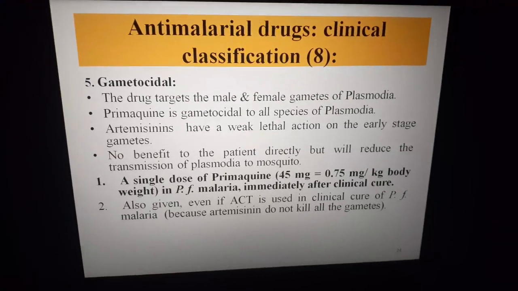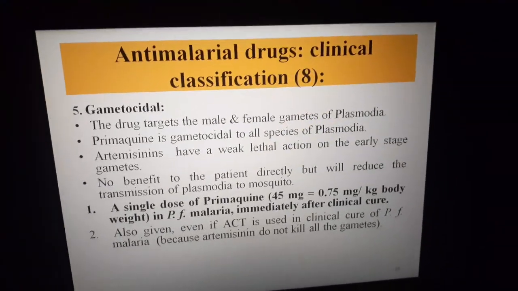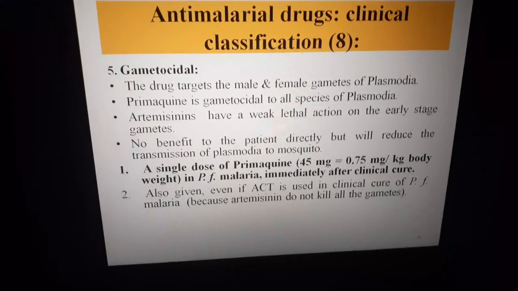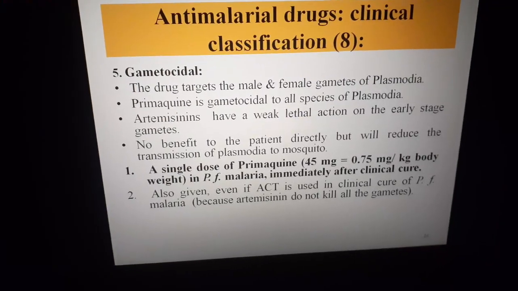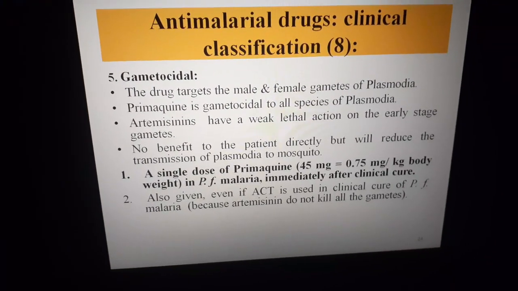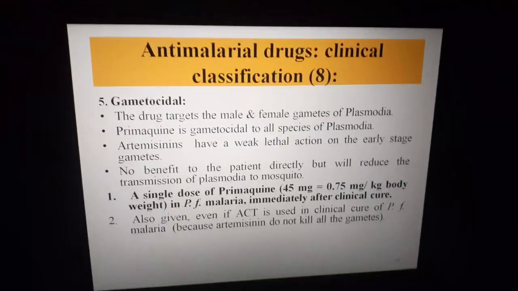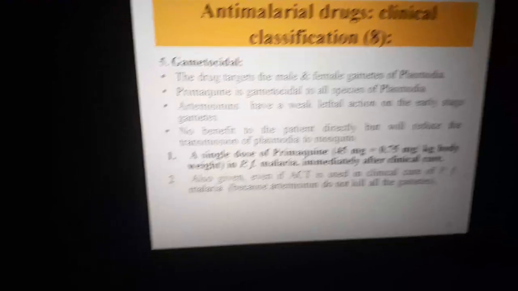But in case of Plasmodium falciparum, we have to give a single dose of primaquine to cover transmission of the gametocyte stage from human to mosquito. So in Plasmodium falciparum malaria, a single dose of primaquine, that is 45 mg, is given immediately after clinical cure to act as a gametocidal agent to prevent the transmission of gametocytes from human to mosquito.